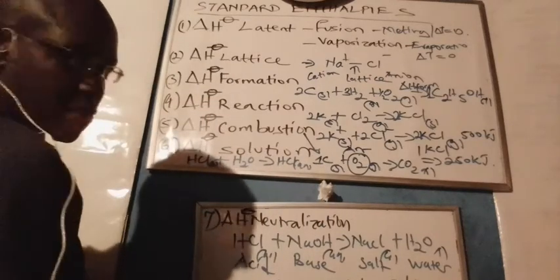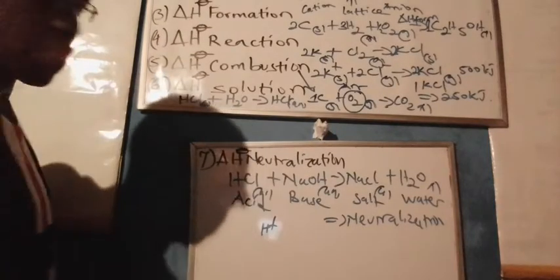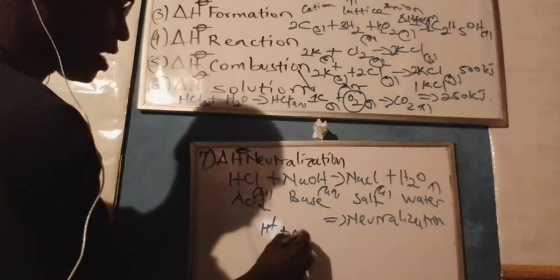Remember, during neutralization, hydrogen ions from an acid combine with hydroxyl ions, forming H2O, which is a neutral substance.